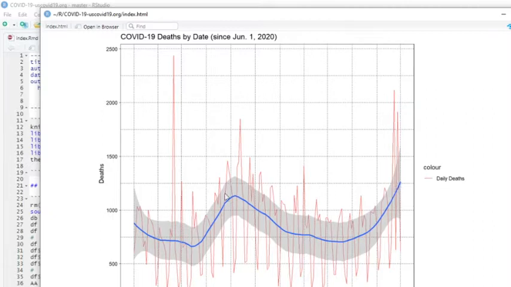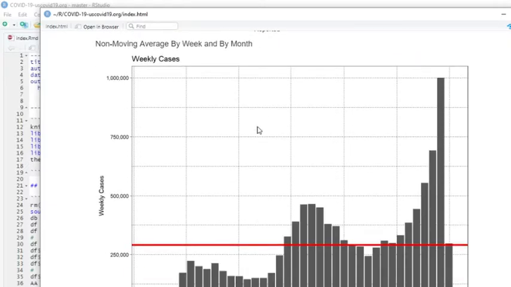Now you can see here, this is 1,000, 1,500, so this must be about 1,250 here. So this means we had about 1,250 deaths yesterday on average. But see, we got this volatility there. Now, if we look at cases per week, this is the average number of cases per week.